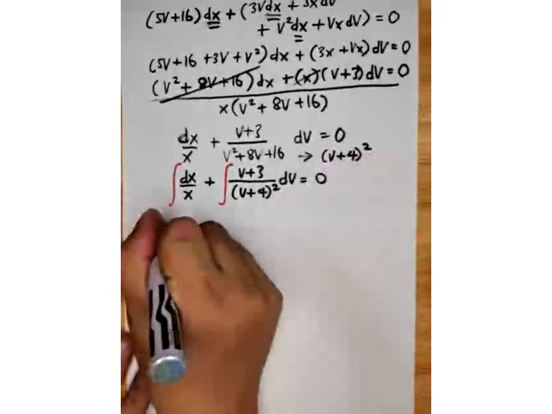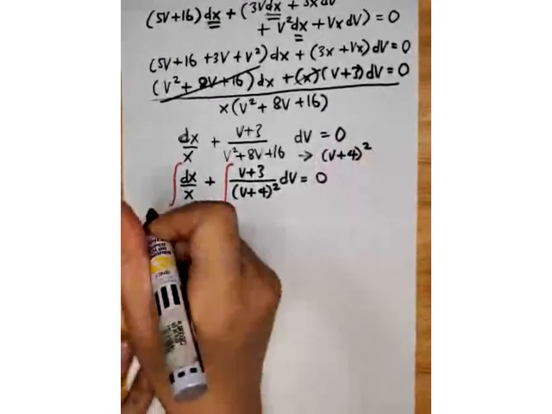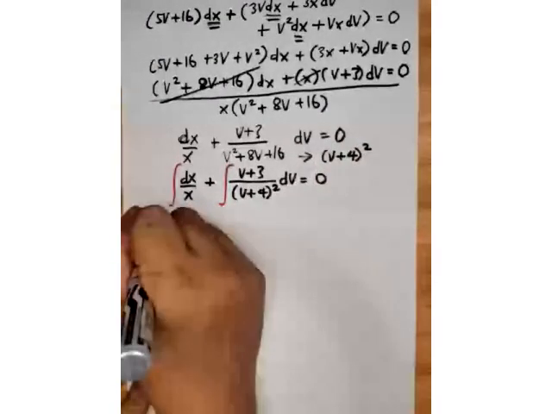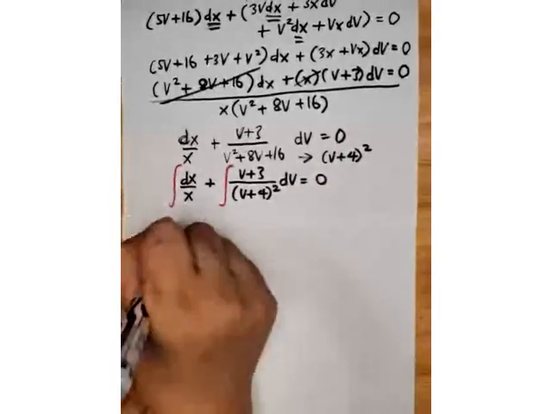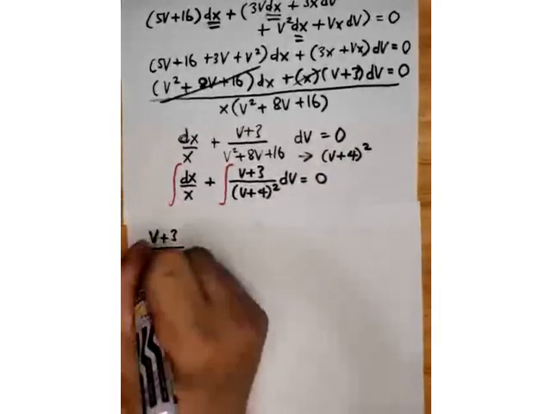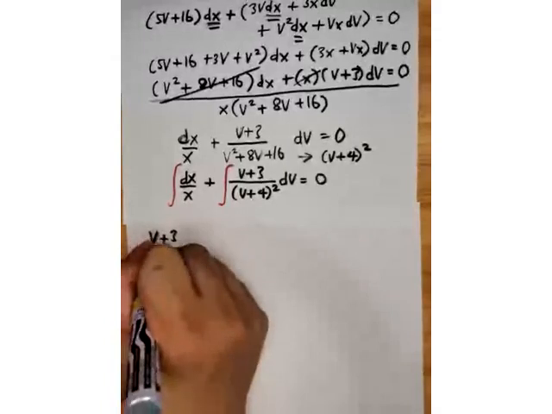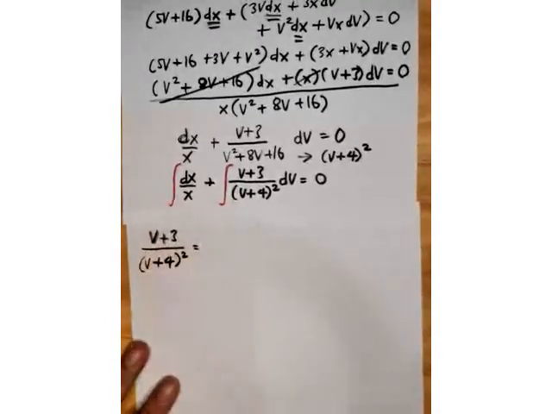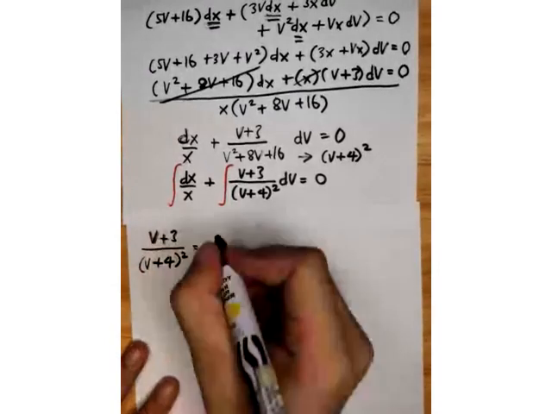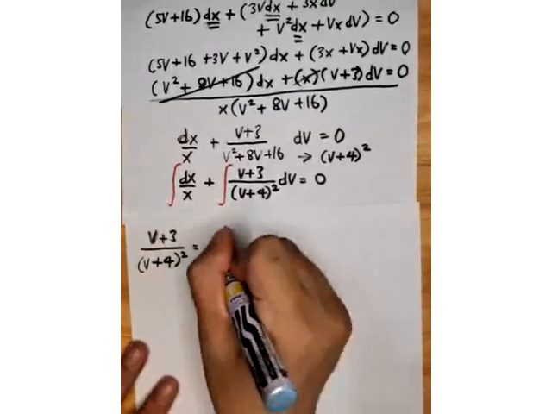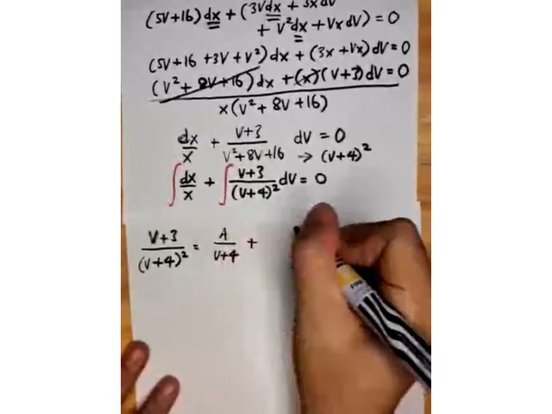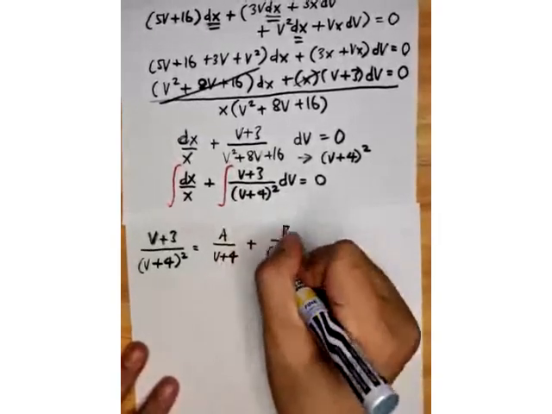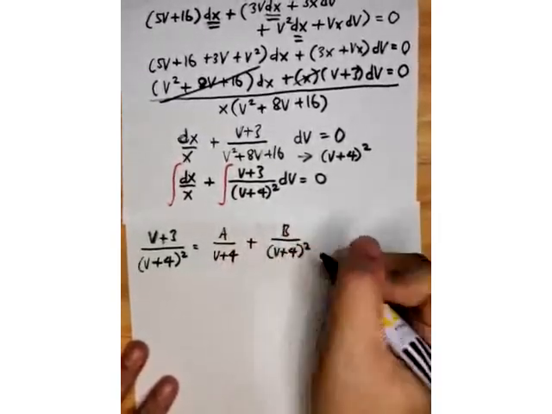So, we'll have v plus 3 over v plus 4 squared. We'll do the partial fraction decomposition. So, this is case number 2 that is linear and repeated. So, that will be a over v plus 4 plus b over v plus 4 squared.